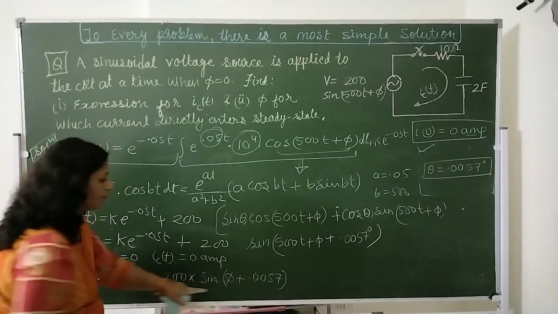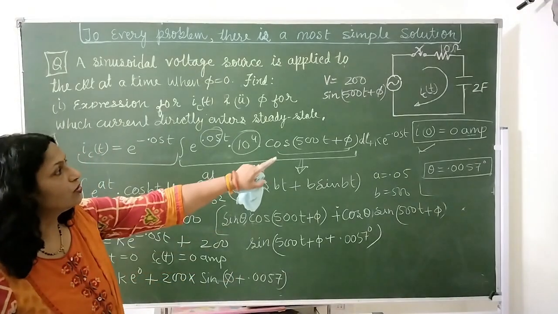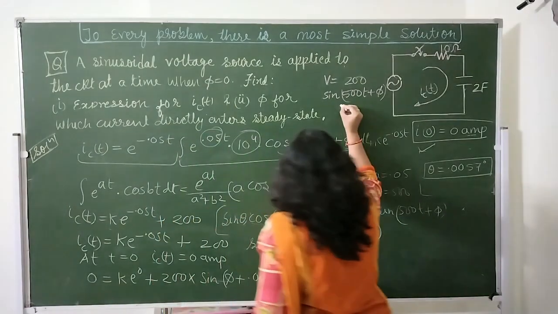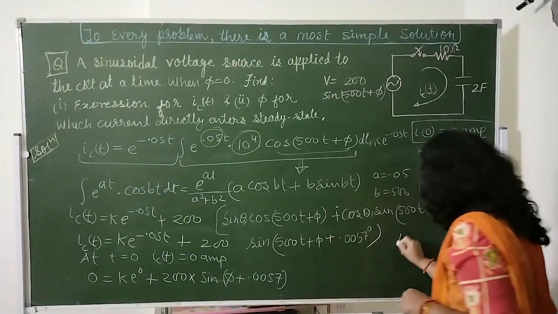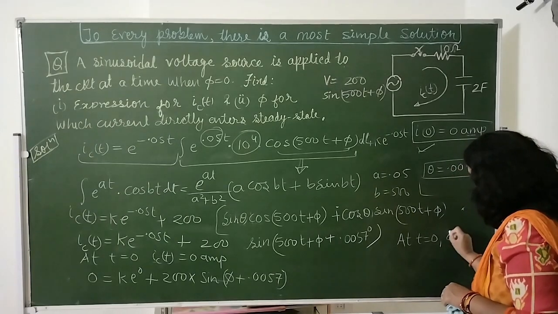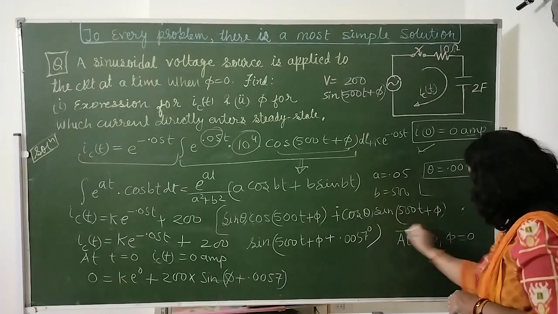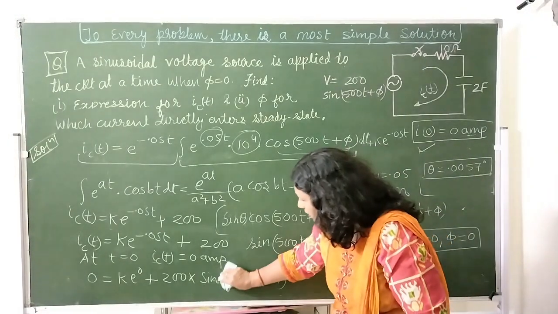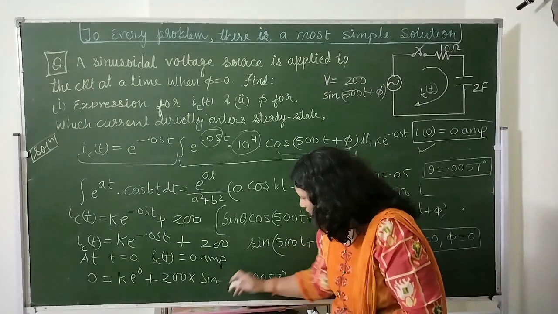What about this 5? It is also equal to 0 at t equals 0. At the beginning we have seen that at the time of application of the signal, phi is given equal to 0. So put this phi equal to 0.